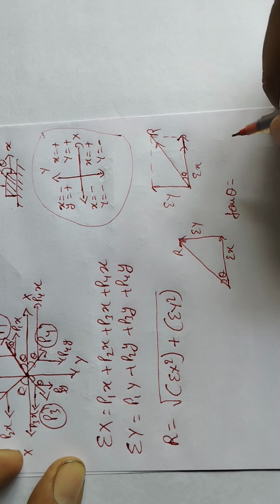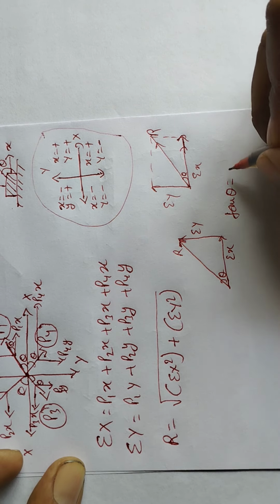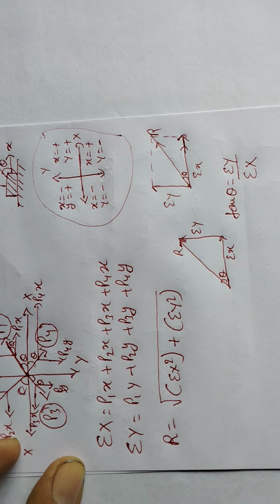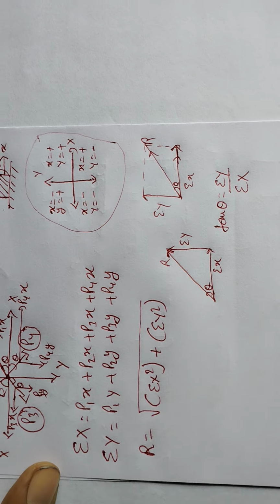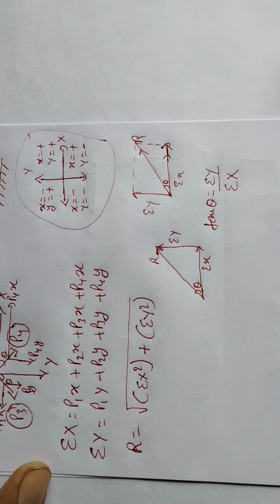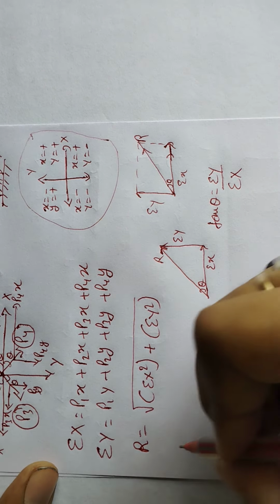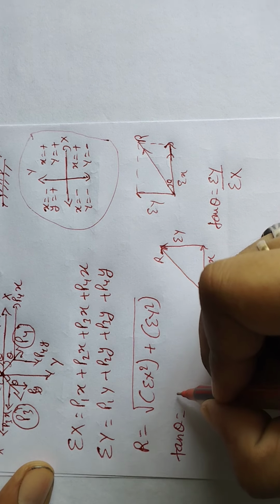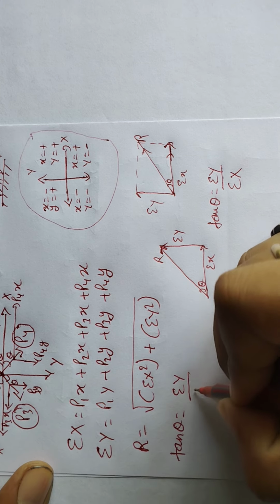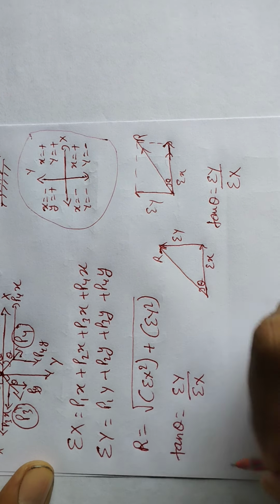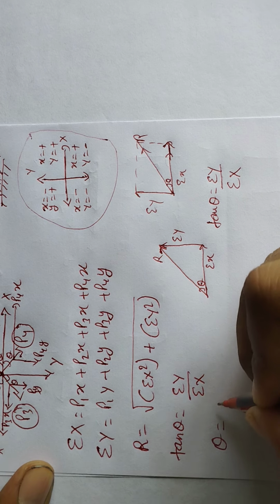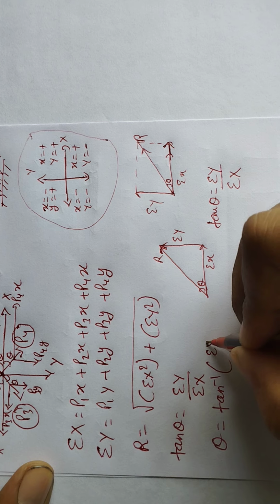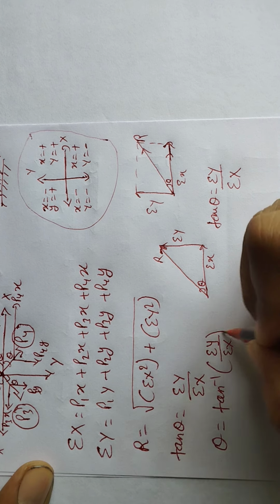Tan theta is opposite by adjacent, so sigma Y by sigma X. If you want to find this theta, the formula is tan theta equals summation of Y by summation of X, or theta equals tan inverse of sigma Y by sigma X.